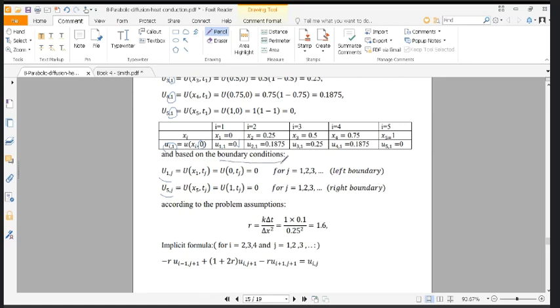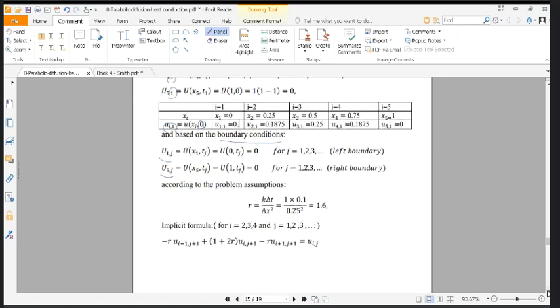Okay? And now, we are going to compute the value of r. R equal k delta t over delta x squared. K in this example is 1, delta t is 0.1, and delta x is again 0.25.